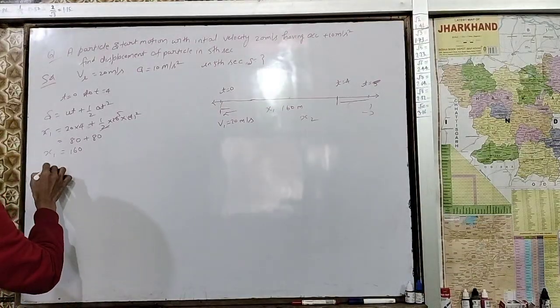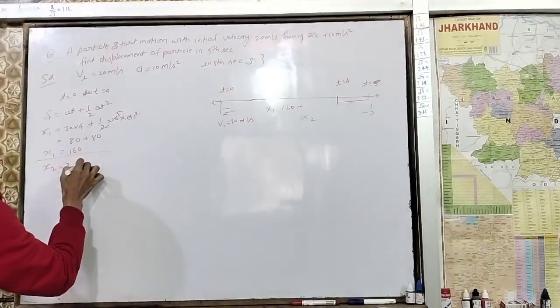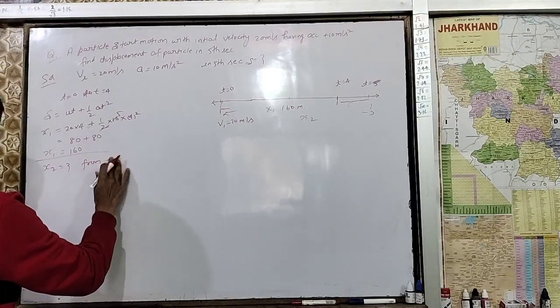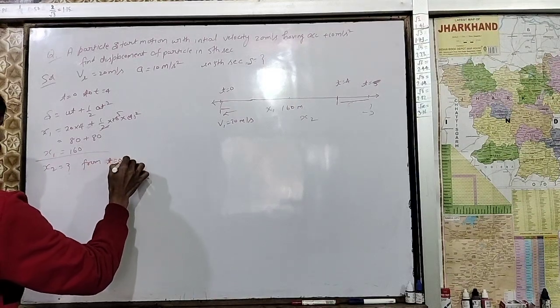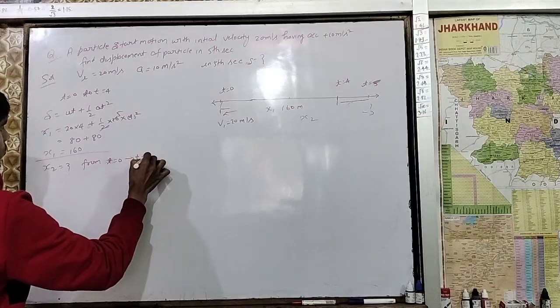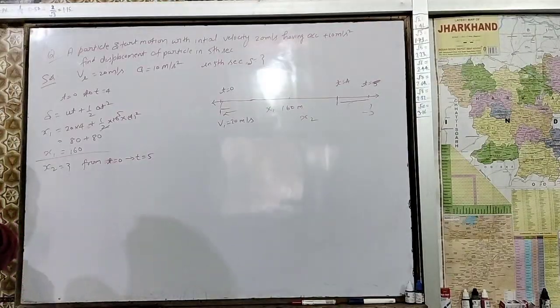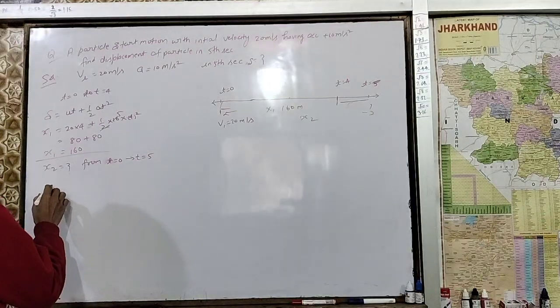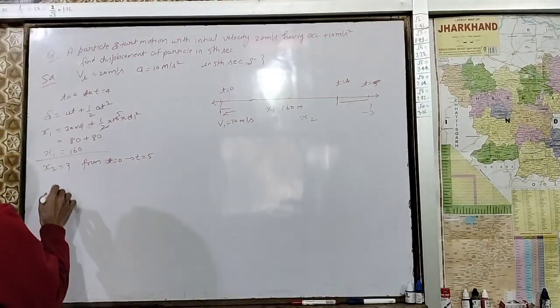Now x2. What is x2? From t equal to 0 to t equal to 5, till the 5th second.